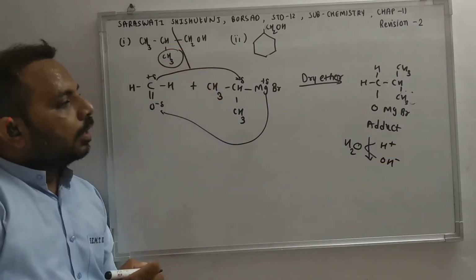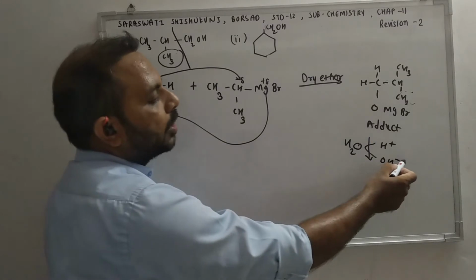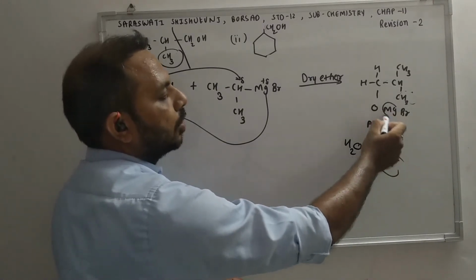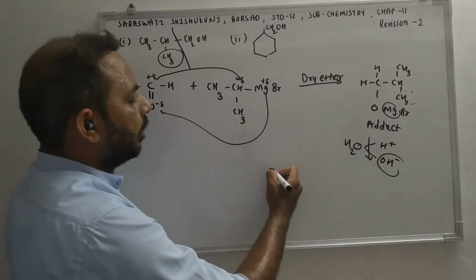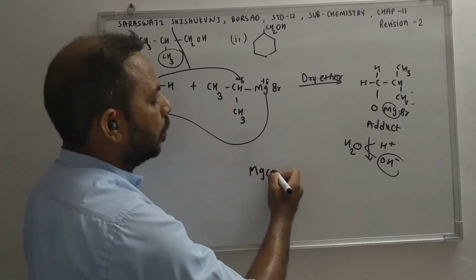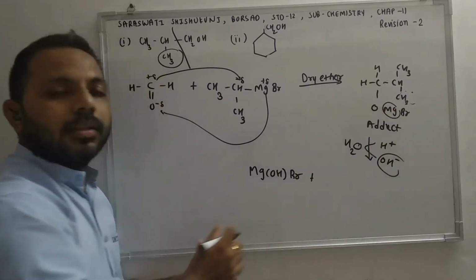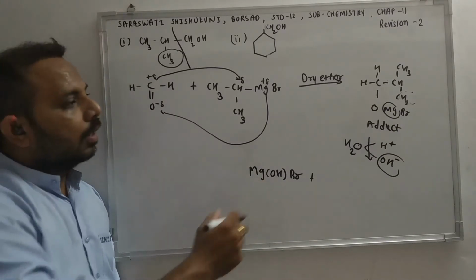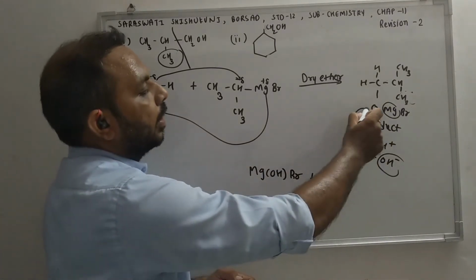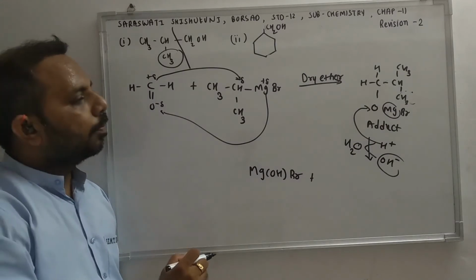This OH minus will be attacked by Mg because it has a positive charge, so OH minus and Mg form MgOH-Br. Now this oxygen is attacked by H plus, so it will form like this.